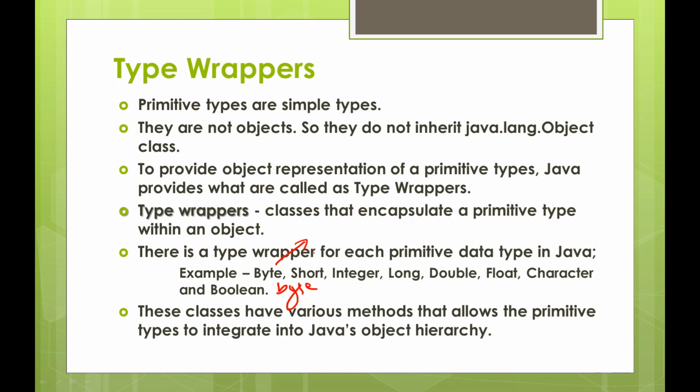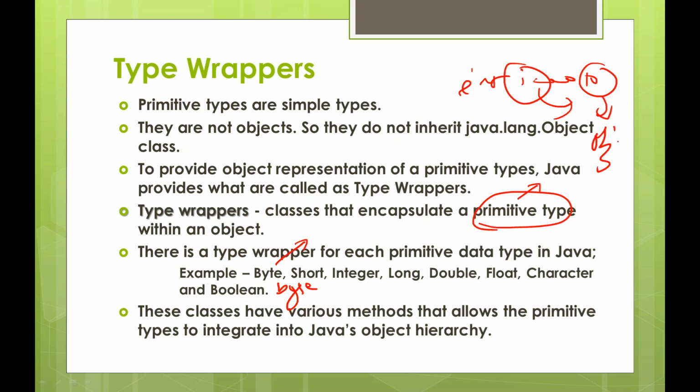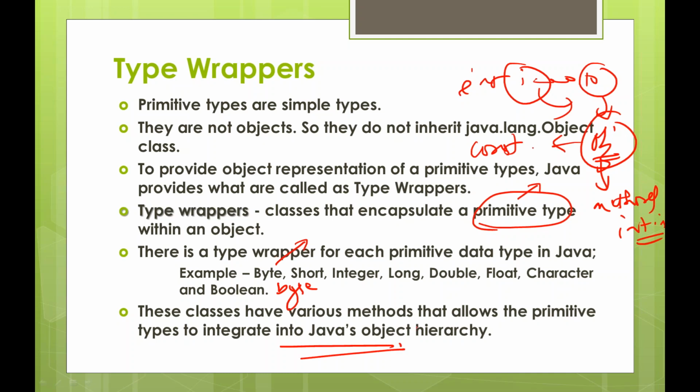Once a primitive value, say integer i = 10, is converted to an object, constructors will be there, methods will be there, and any public instance variables will also be there. So you integrate primitive types into Java's object hierarchy. I will discuss this in the next slide.